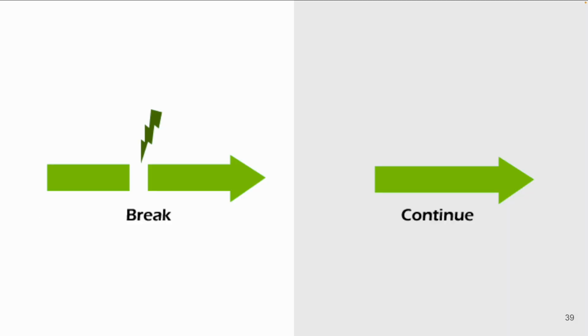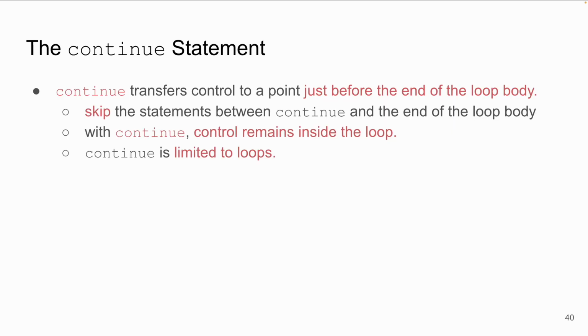Okay, so after we introduce break, let's introduce another jump statement, that is continue. We have break, and of course we have continue. What continue helps us do is transfer the control of the program to the point just before the end of the loop body.